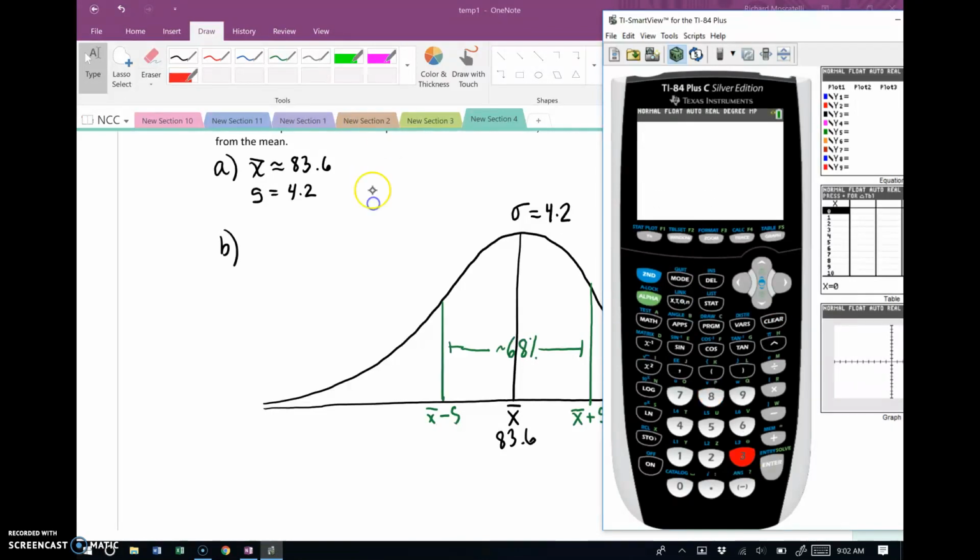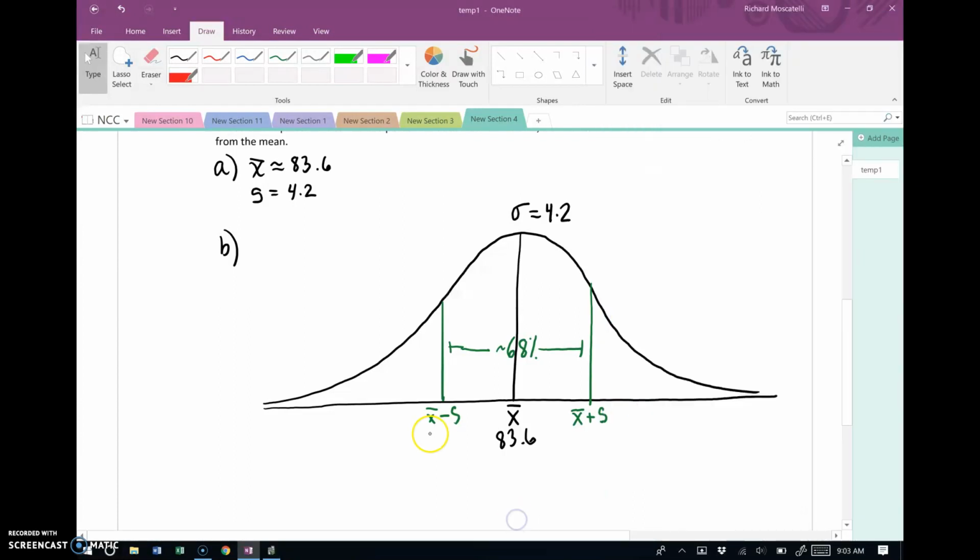I'll take 83.6 and subtract 4.2, and I'll also add 4.2. Those values are 79.4 and 87.8.